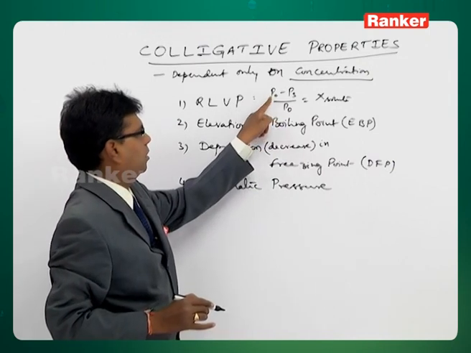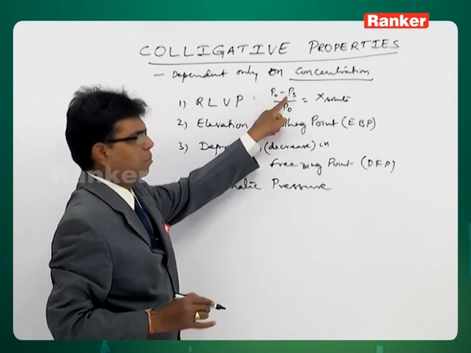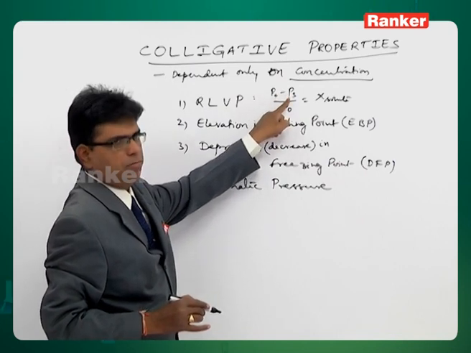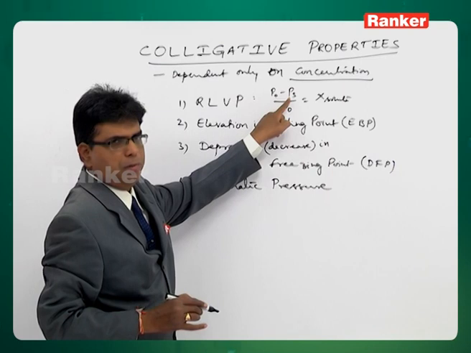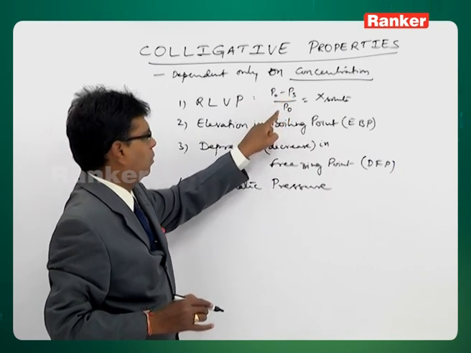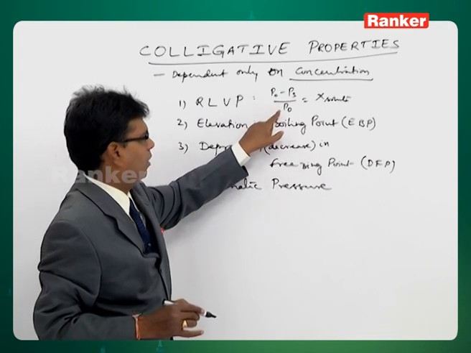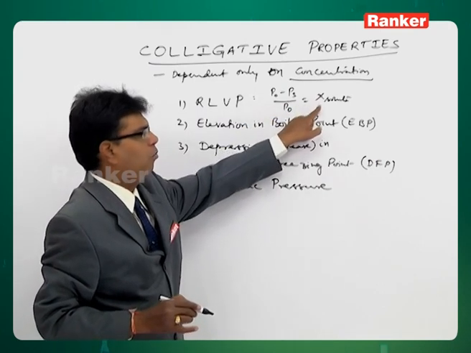P naught is the vapor pressure of the pure solvent, Ps is the vapor pressure of the solution. P naught minus Ps is the decrease in vapor pressure, which we call lowering in vapor pressure. Lowering in vapor pressure divided by the vapor pressure of the pure solvent is the relative lowering of vapor pressure, equal to the mole fraction of solute.